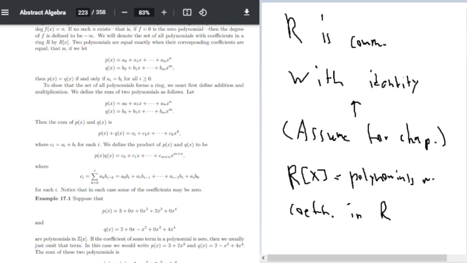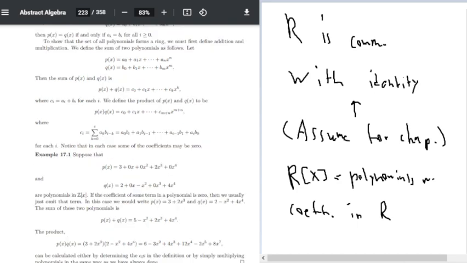We define the product of p(x) and q(x) to be p(x)q(x) equals c_0 plus c_1 x plus all the way on to plus c_{m+n} x^{m+n}, where c_i is equal to the sum from k equals 0 to i of a_k b_{i-k}, which is equal to a_0 b_i plus a_1 b_{i-1} plus on to plus a_{i-1} b_1 plus a_i b_0 for each i.